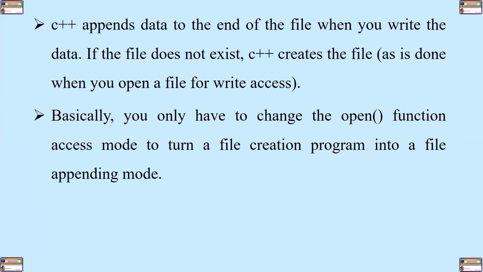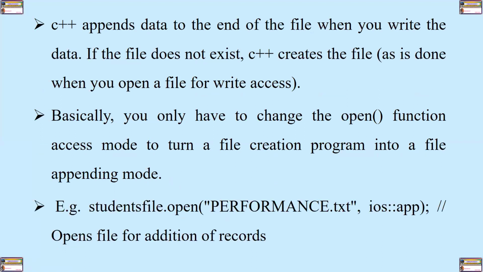Basically, you only have to change the open function access mode to turn a file creation program into a file appending program. For example, studentsfile.open performance.txt, then instead of out, you add the mode append, APP at the end. So this statement opens the file called performance for addition of records.